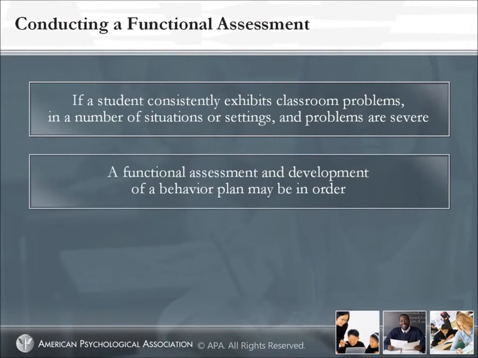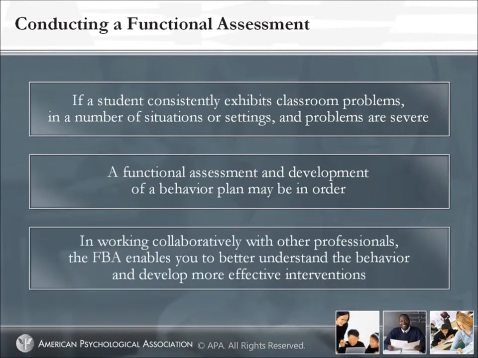It is likely that some personnel in your building, such as the school psychologist, special education teacher, or behavioral consultant, have been trained in and regularly conduct functional behavioral assessments. In working collaboratively with other professionals, the FBA enables you to better understand the behavior and develop more effective interventions.